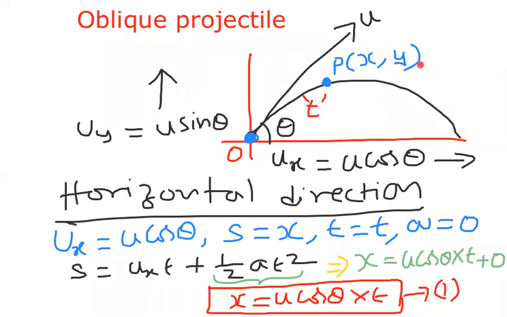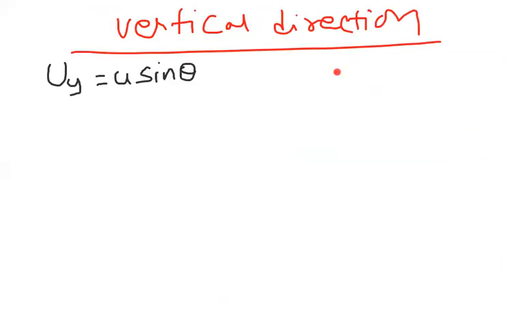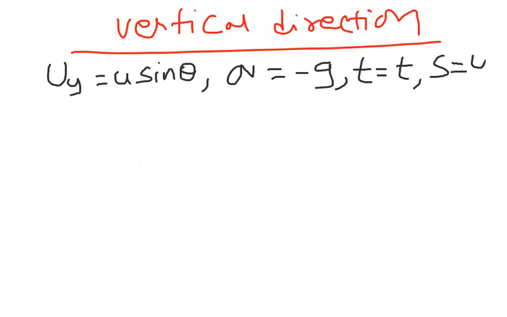The displacement in the vertical direction is y, and the simultaneous time is t. In the vertical direction the body is projected up, so a is minus g. So uy is u sin theta, acceleration is minus g, time taken is t, and vertical displacement s is equal to y.